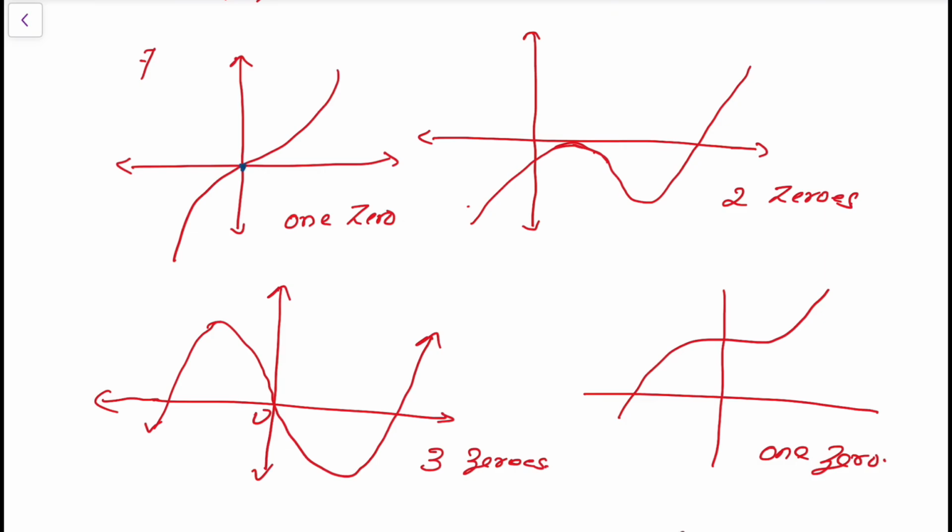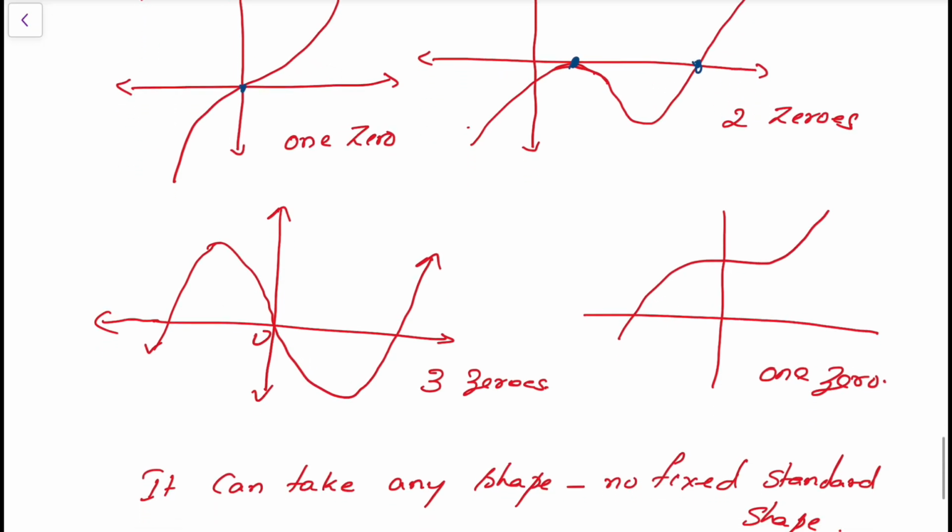In the first figure, it is crossing the x-axis at this point, so it has 1 zero. Here it is crossing this point and this point, so it will have 2 zeros. In fact, we can say 3 zeros: when it is touching here, it will have equal zeros, and then this one. So totally 3 zeros, but one of the zeros is the same, so we say only 2 distinct zeros.